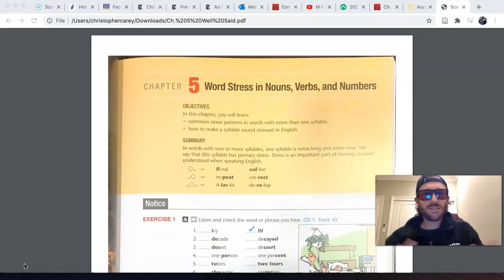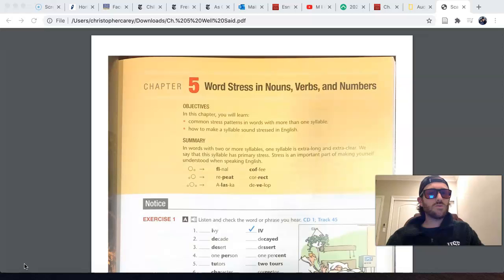When we talk about stress, not the stress of work and school and taking care of the kids and paying bills. No, not that kind of stress. Word stress, and in particular, syllable stress.